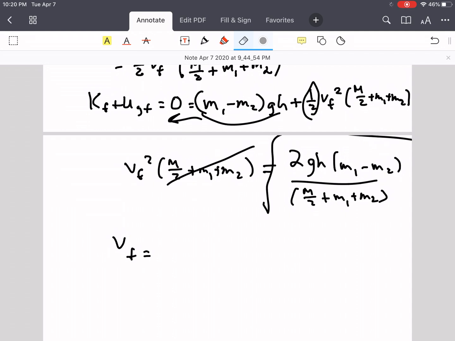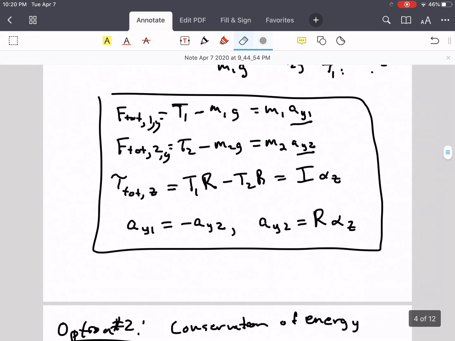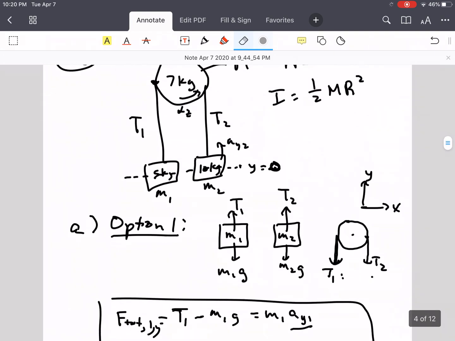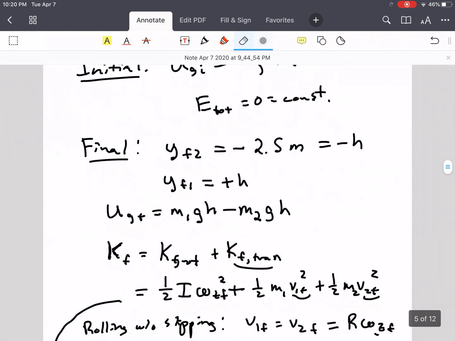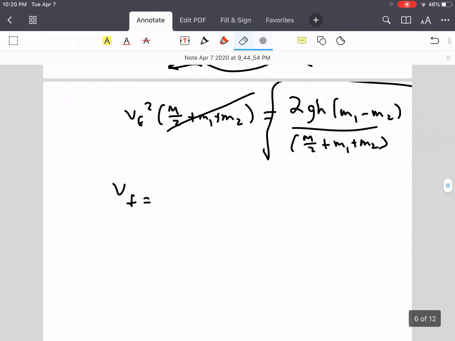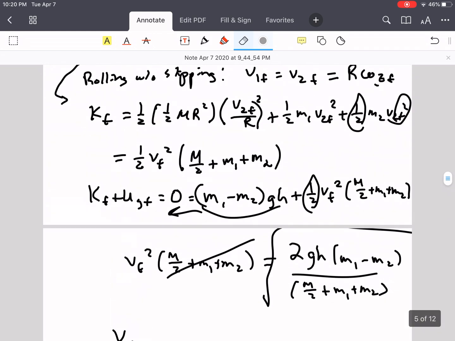So 2 times 9.8 times the height, which was, what did we say? 2.5 meters. Times the difference in the masses, that's 5. This, by the way, should have been m2 minus m1 because I brought it over. That should flip the sign.